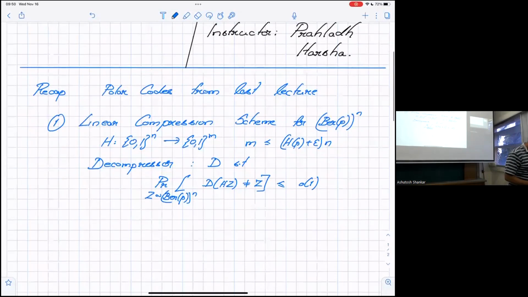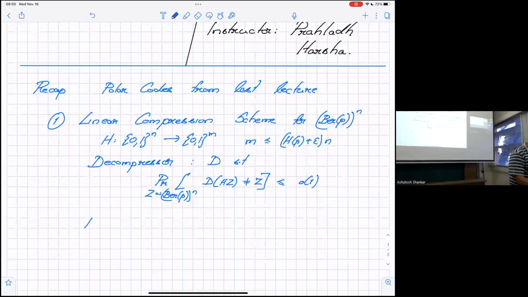We also want n and the running time of the decompressor to be polynomial.